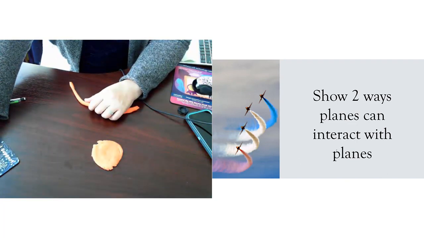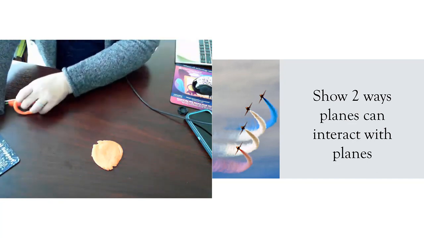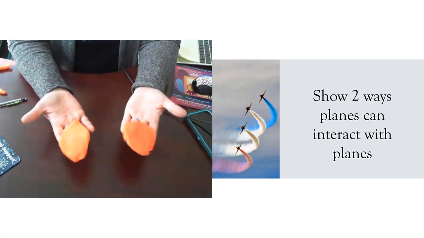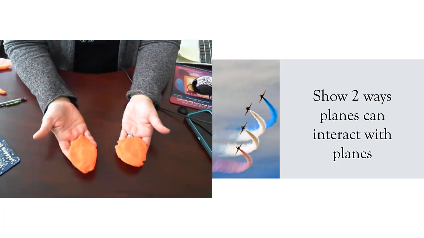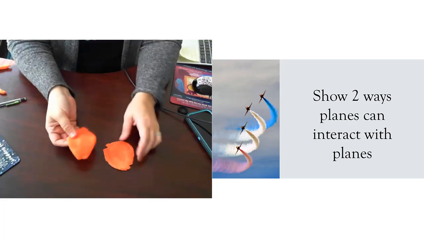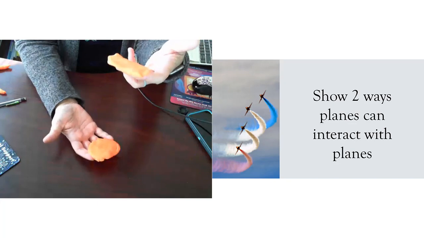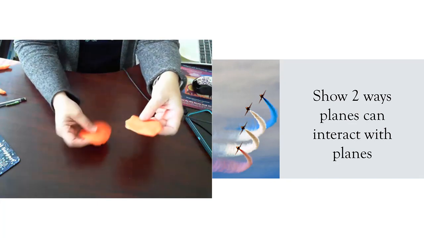Next, we're going to show 2 ways planes can interact with planes. So we have 2 planes, which kind of just look like pancakes right now. 2 planes could be parallel. So one could be down here and one could be up there. So they could be parallel planes, or they could be intersecting planes.